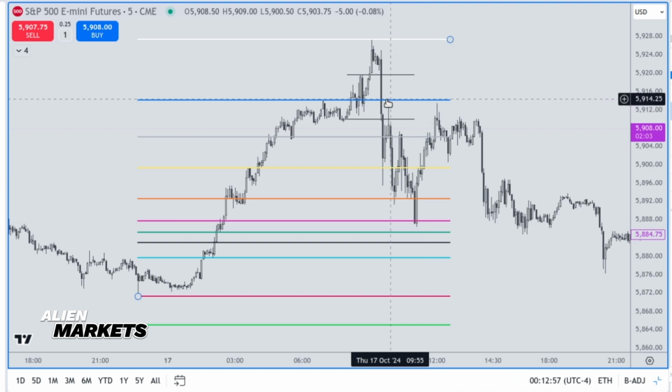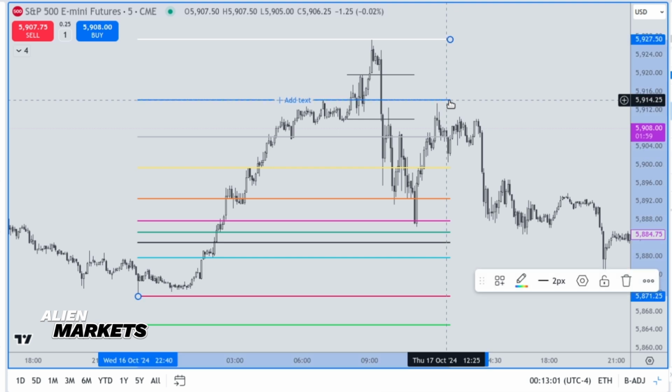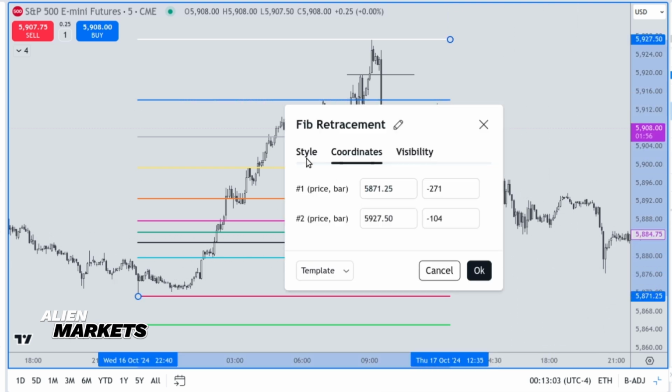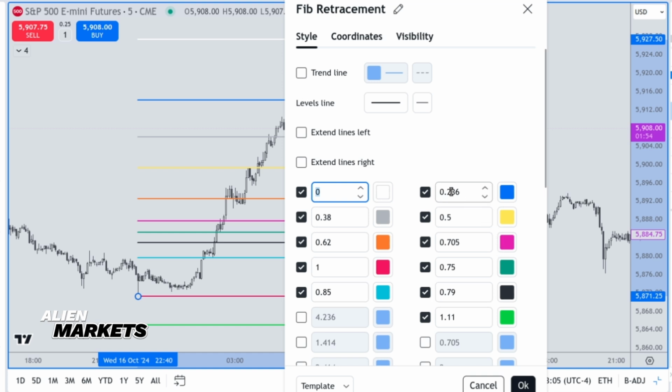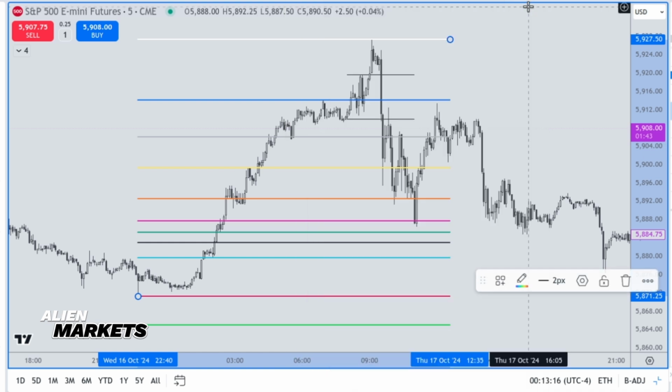But look at this. It doesn't touch this blue line that is 23.6%, right? You can watch everything, all my levels right here. I'll share with you.